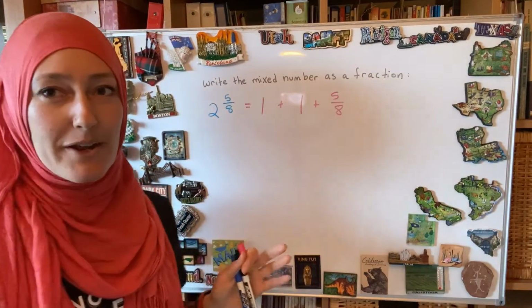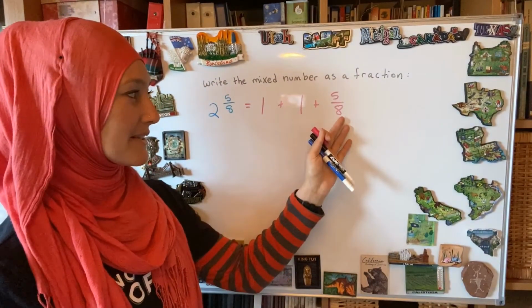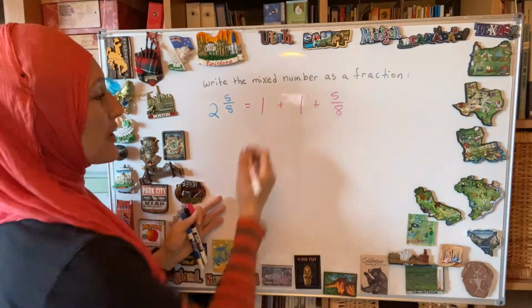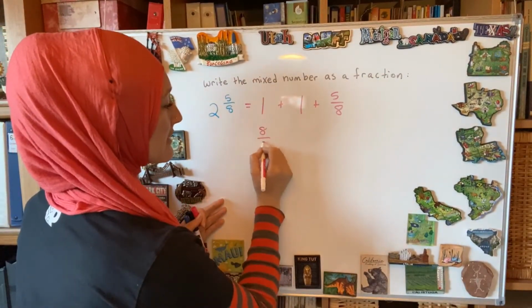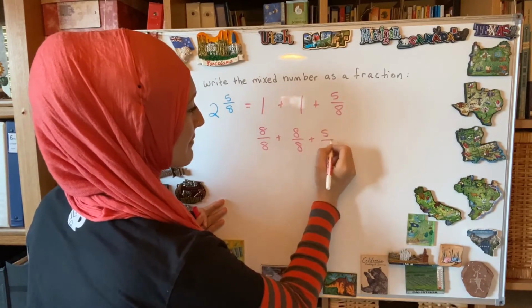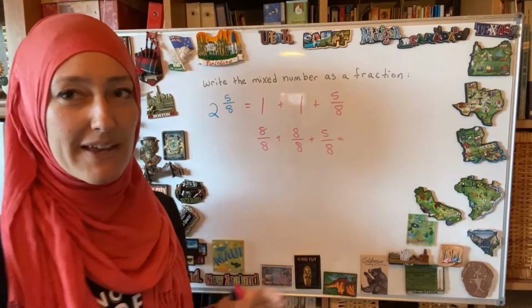So I can pick any fraction that I want, but I want to stick with something that's consistent with my fraction here. So 8 is going to be my denominator. So this will be 8/8. And then I add them all together.